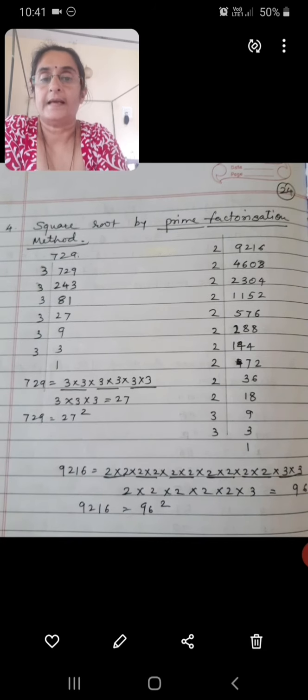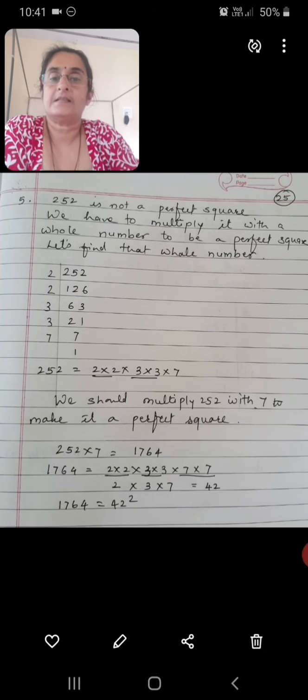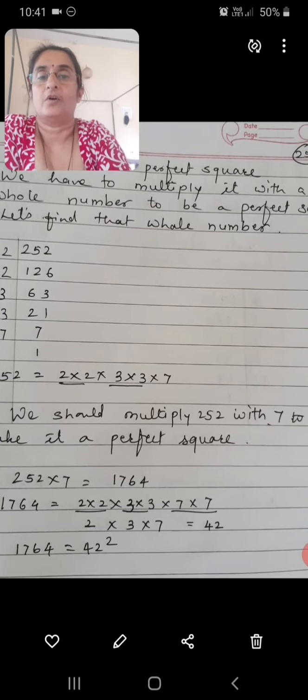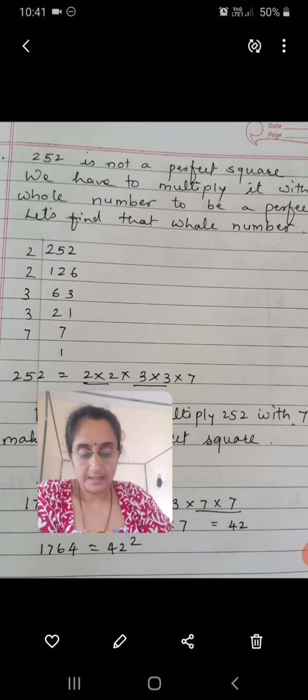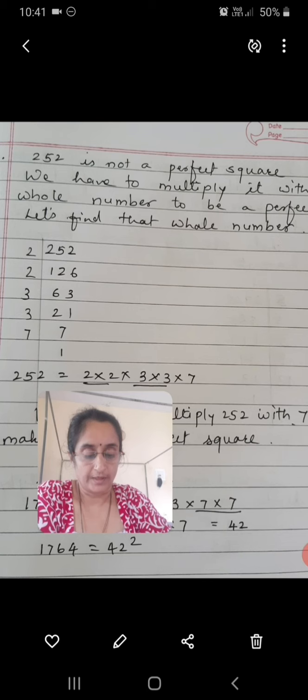Now go to the next question, where the given number is not a perfect square. Read the question. For each of the following numbers, find the smallest whole number by which it should be multiplied so as to get a perfect square number. Also find the square root of the square number so obtained.